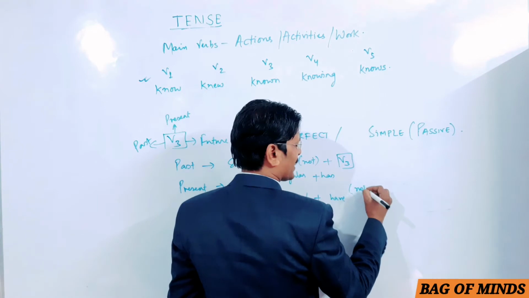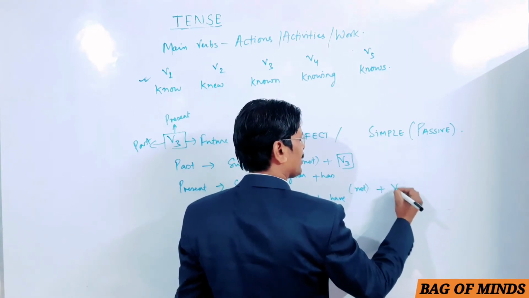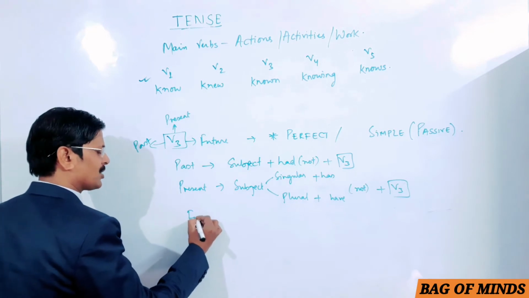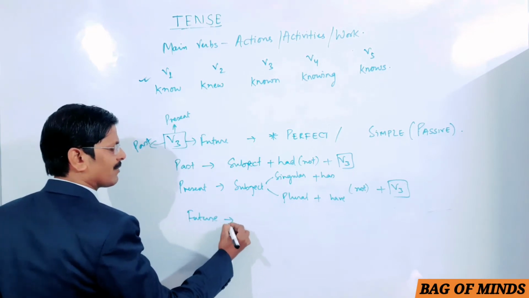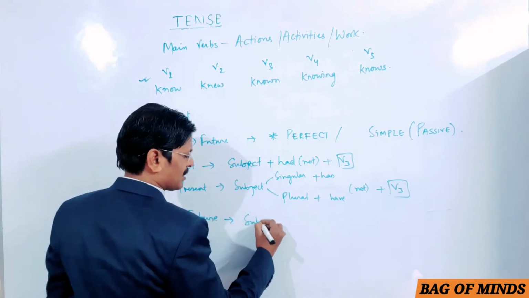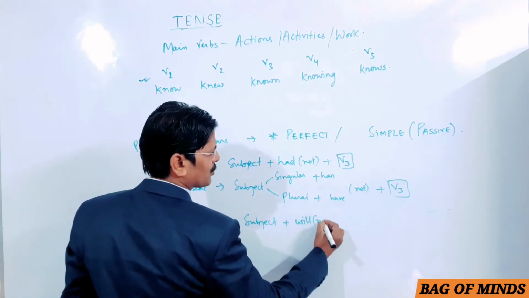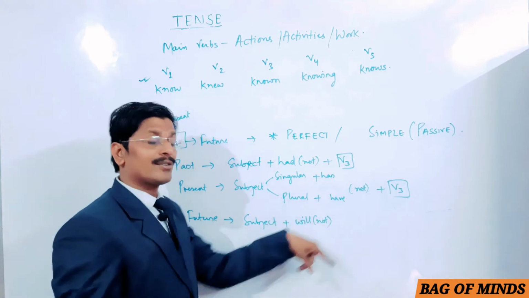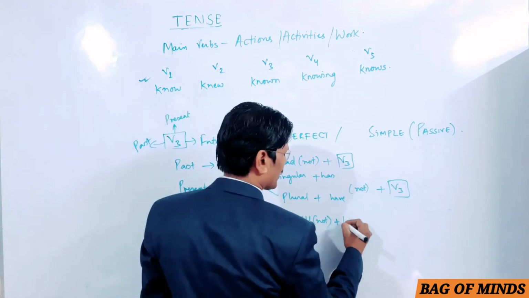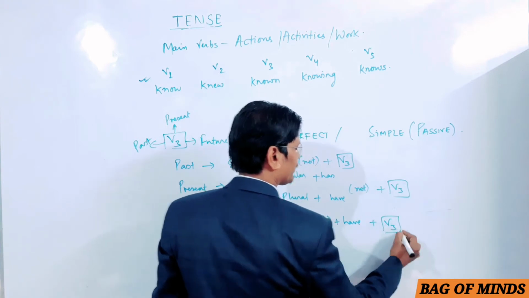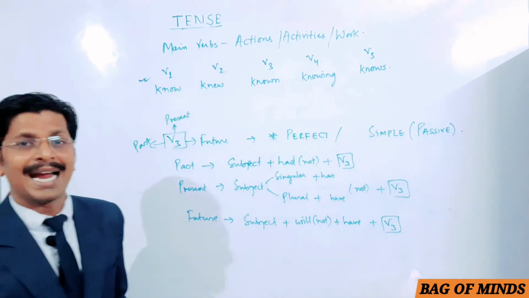Let me use negative form not here plus my V3. This is present perfect. Now the third category, which is future. So future here means subject plus will, and if you have to use negative, always use it after the first helping verb, plus have plus my V3 form. This is for perfect category.